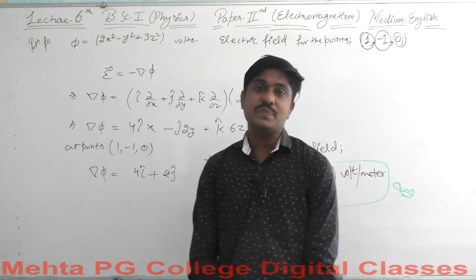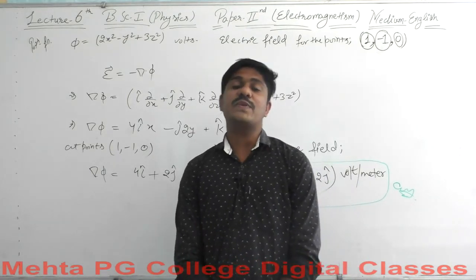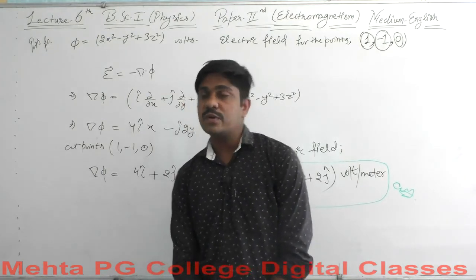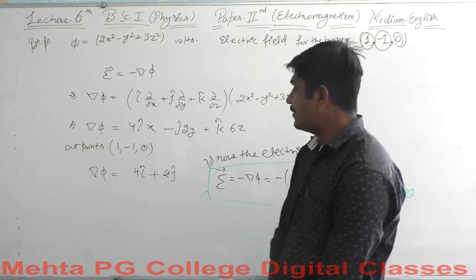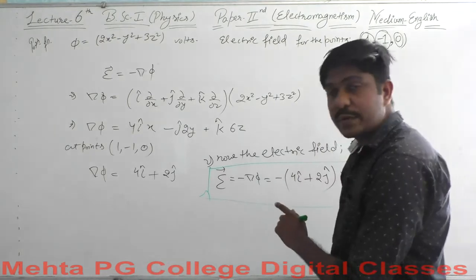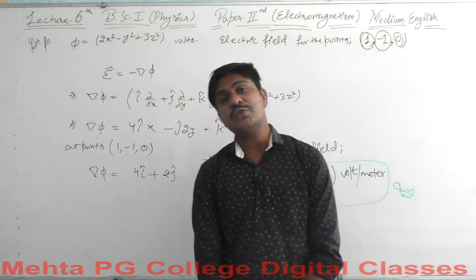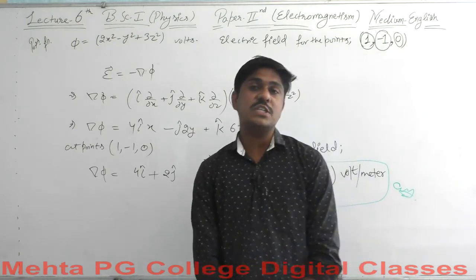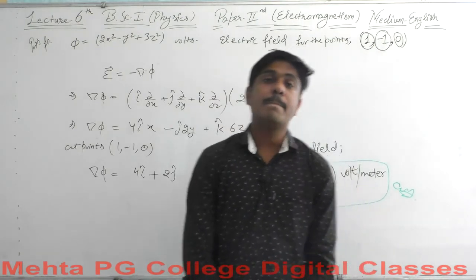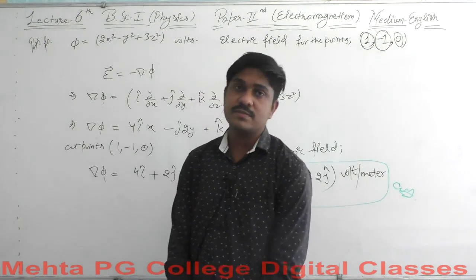This is a question from me. Because every time you calculate the gradient, you will have a vector quantity there. So let me know if the divergence of a gradient of a function is possible or not.